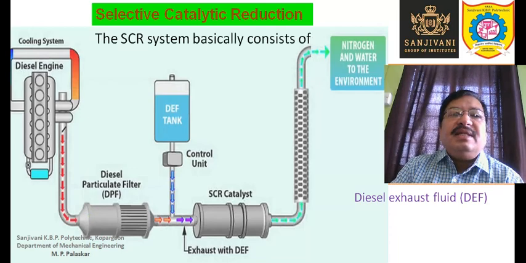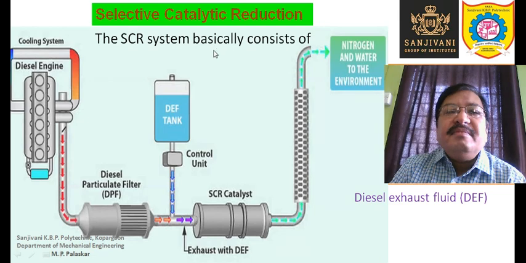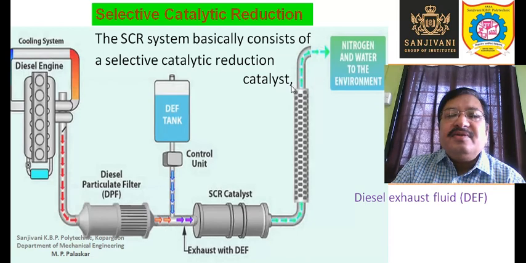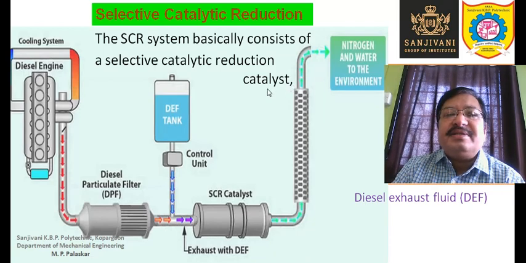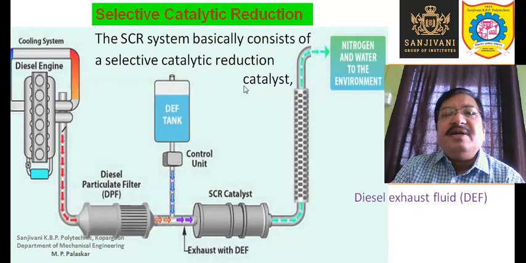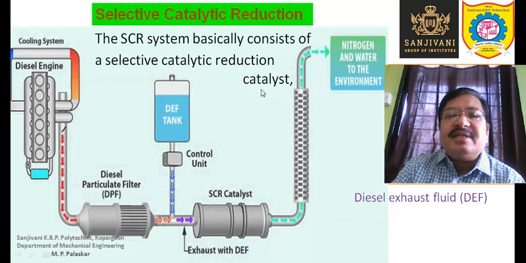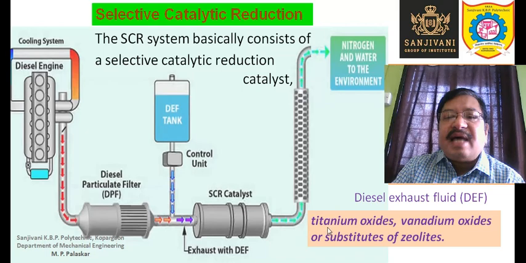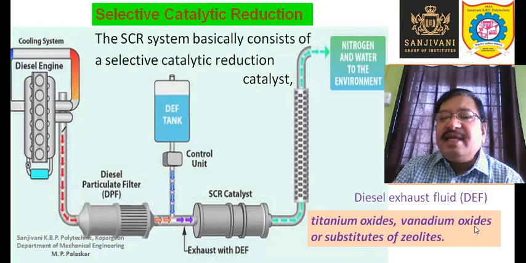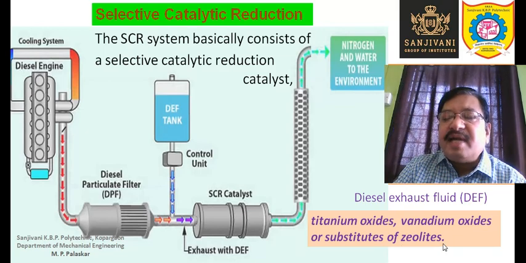So this SCR system basically consists of a selective catalytic reduction catalyst. So we are using these catalysts which have the capacity of selective catalytic reduction, and these catalysts are nothing but titanium oxides, vanadium oxides, or the substitutes of zeolites.